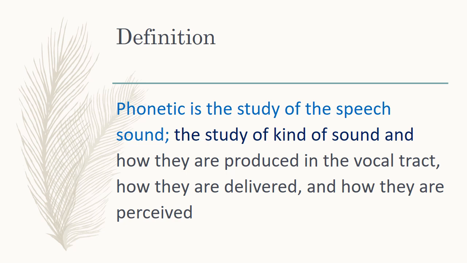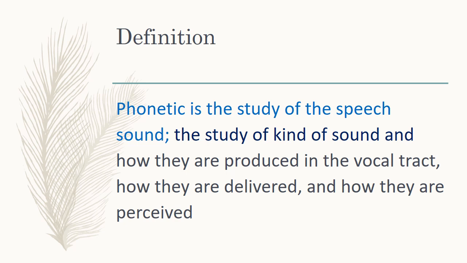In phonetics, first you are going to talk about the kinds of sound, or the symbols of phonetics. For example, you're going to learn about vowels, consonants, diphthongs, semi-vowels, and so on. That is what is called a phonetic symbol or kind of sound.